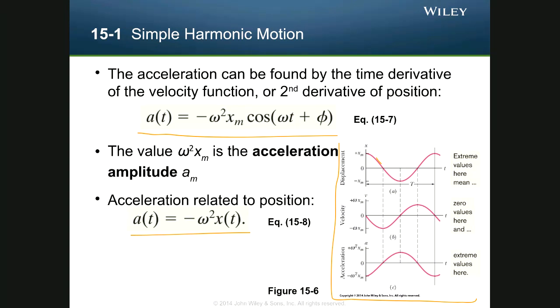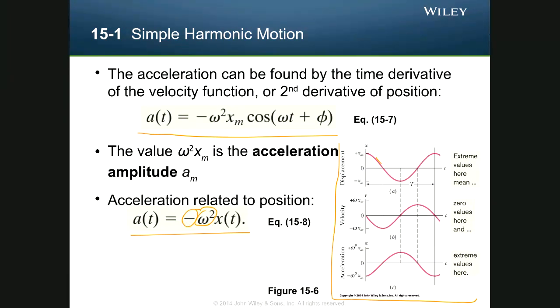Even though the acceleration and position are related to each other, you do have this minus omega squared x. You have a minus sign here and a different scaling factor for your amplitude than your x function. So even though they are proportional to each other, you'll notice that they very much look different, okay?